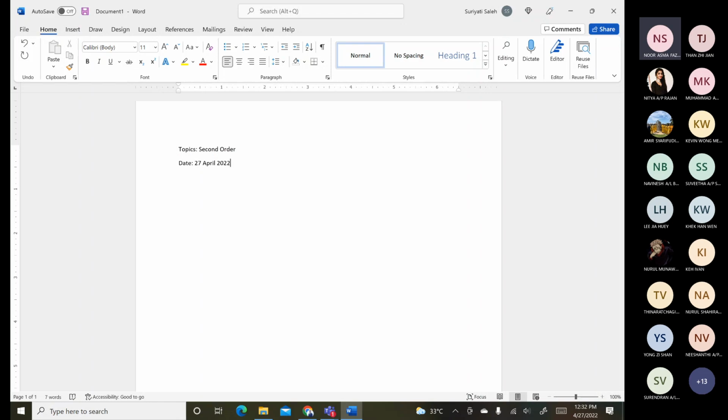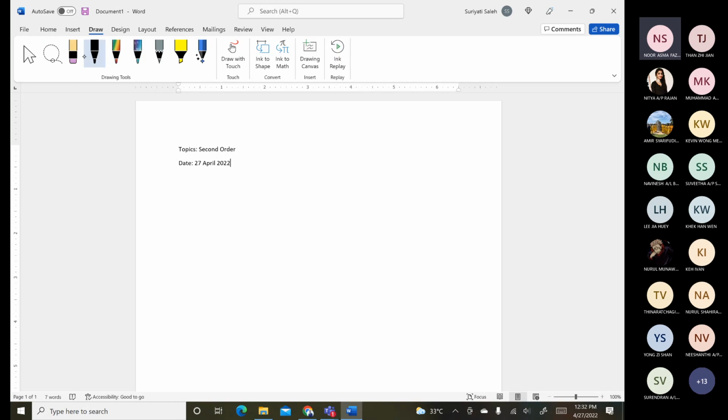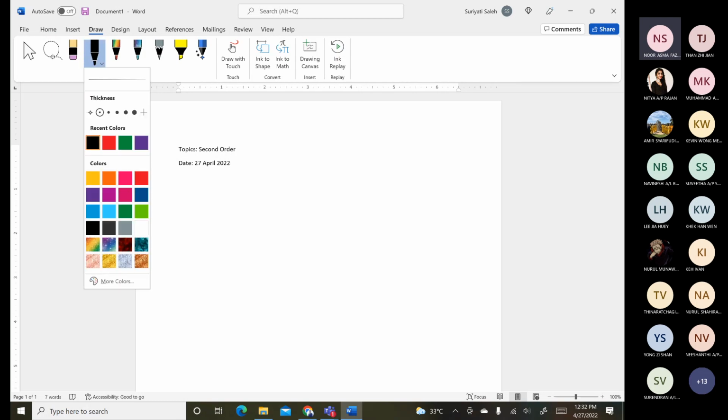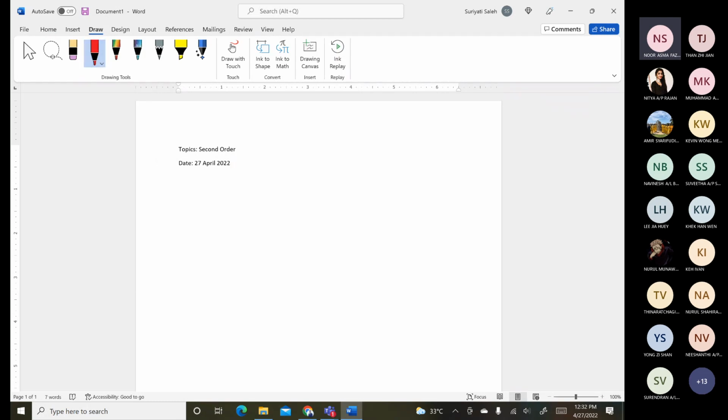All right. So just to revisit what is the current topic, the current activities in this subject, we recall back the first order. If you recall back the first order, you have the standard form K over tau S plus 1.